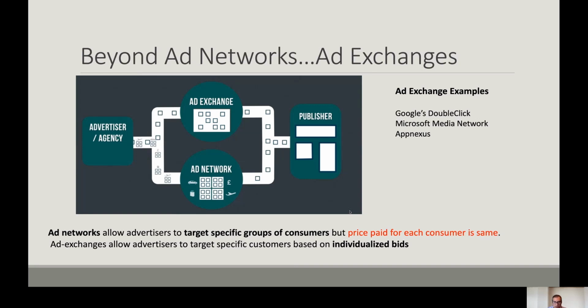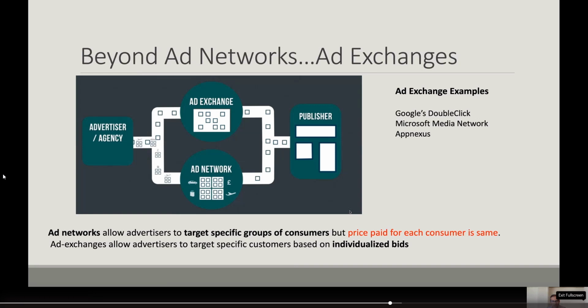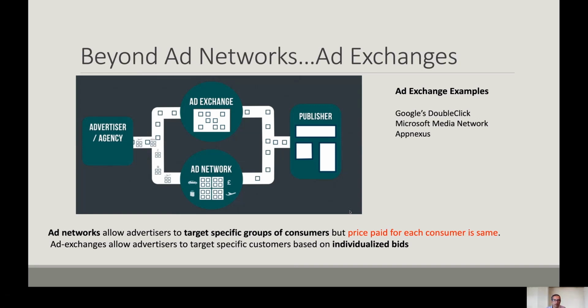So the advertiser really does not have the freedom to put in a different bid for each different consumer based on the value that this consumer might bring. This becomes possible when an ad exchange is used instead of an ad network. Individualized bids on a particular consumer can be done in an ad exchange.